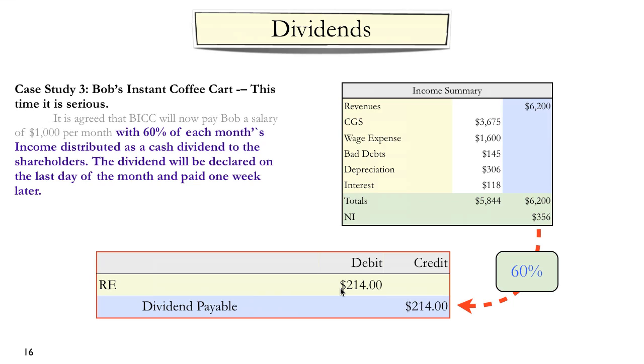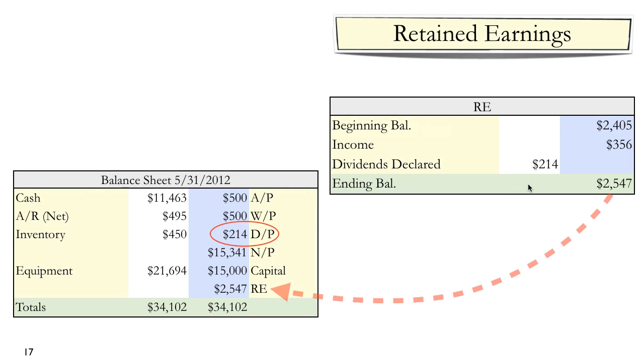The debit here is $214 to retained earnings, so this will reduce the balance in the retained earnings account. And if we look at a retained earnings T account for the period, we see the beginning balance, $2,405, income, $356, dividends declared, $214, and therefore an ending balance in retained earnings of $2,547.